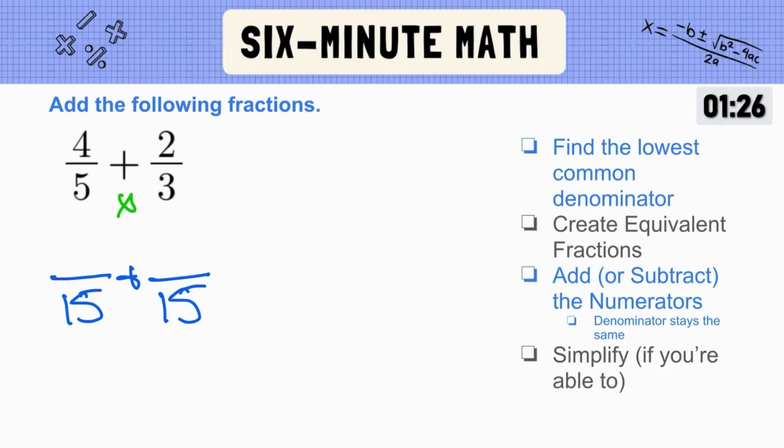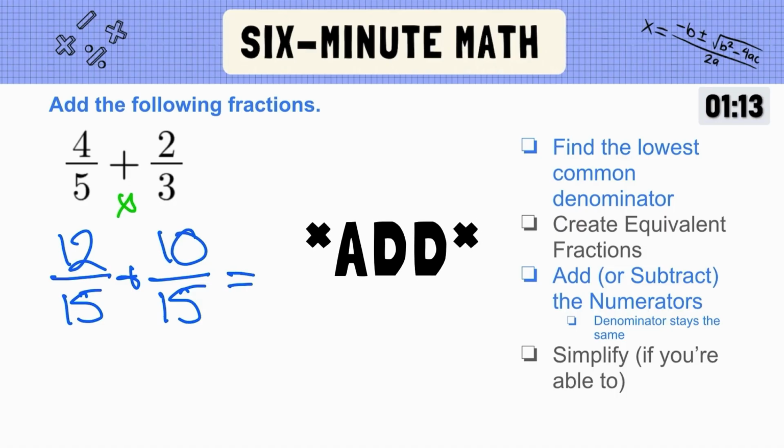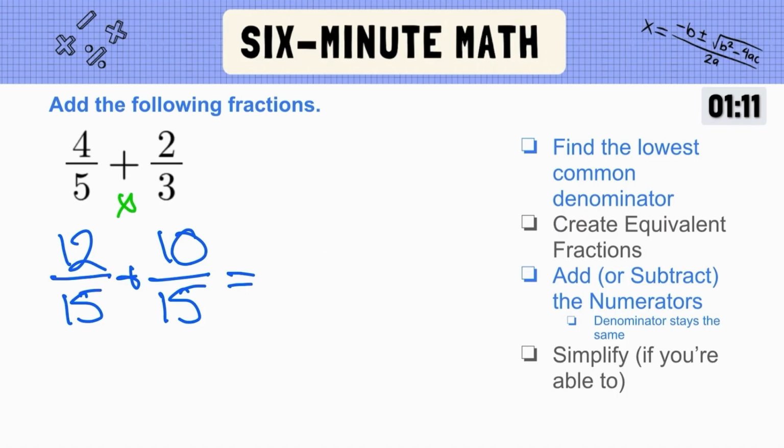My equivalent fraction to 4/5 with a denominator of 15 is 12/15. 2/3 with a denominator of 15 is 10/15. And then I add my tops together. 12 plus 10 is 22. My denominator stays the same. And I cannot reduce in this example, so 22 over 15 is my final answer.